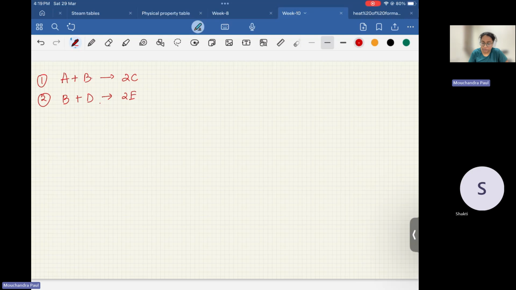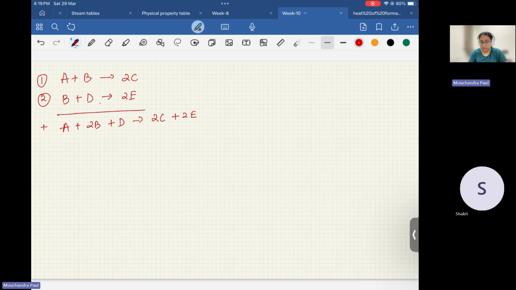If you add these two, what you should get is A plus 2B plus D gives 2C plus 2E. So this is how you can add. When you're adding, you're also adding the stoichiometric coefficients of the components which are present in both reaction 1 and 2.